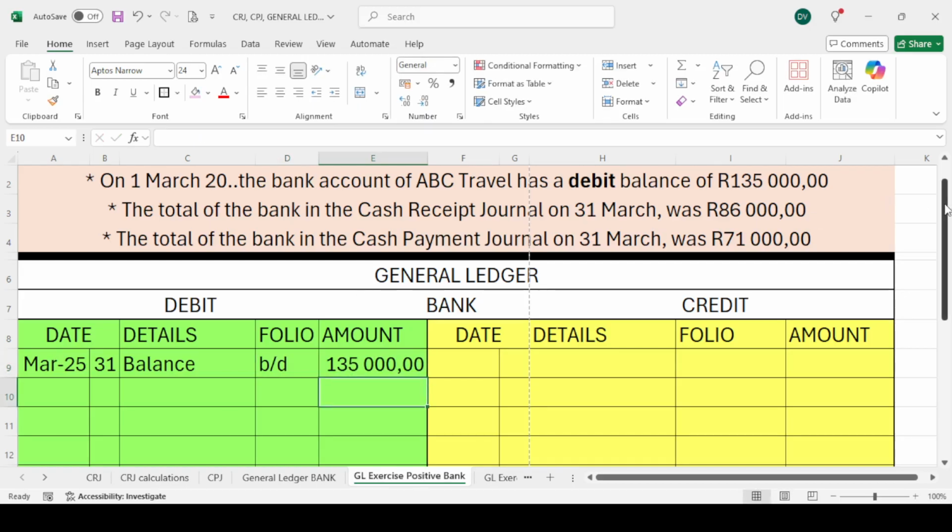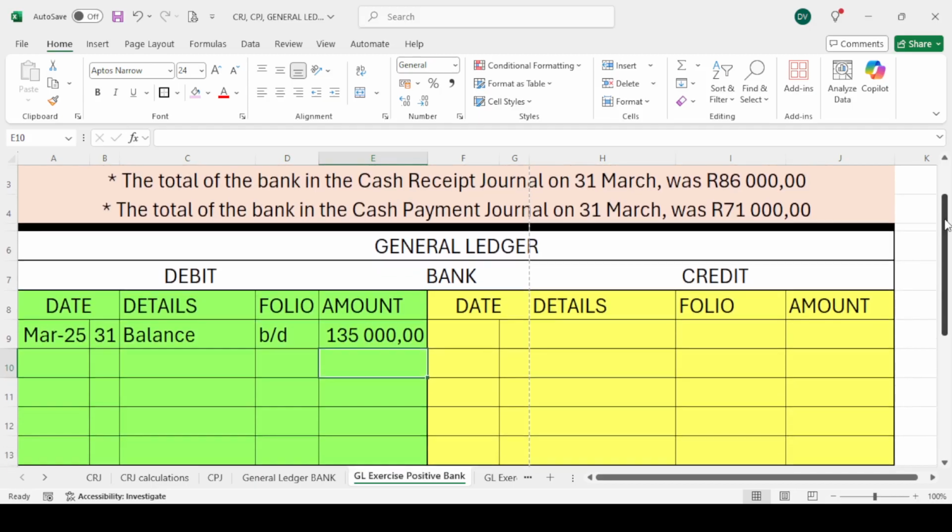The next thing we have to insert is our cash receipt journal, the bank column total of the cash receipt journal. Our day is still the 31st. We call it total receipts. Where did we find it? Our cash receipt journal. And we insert the amount, 86,000. There we go.